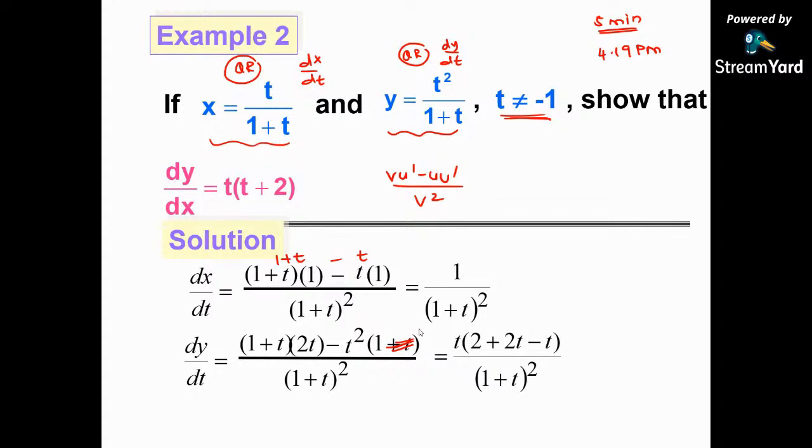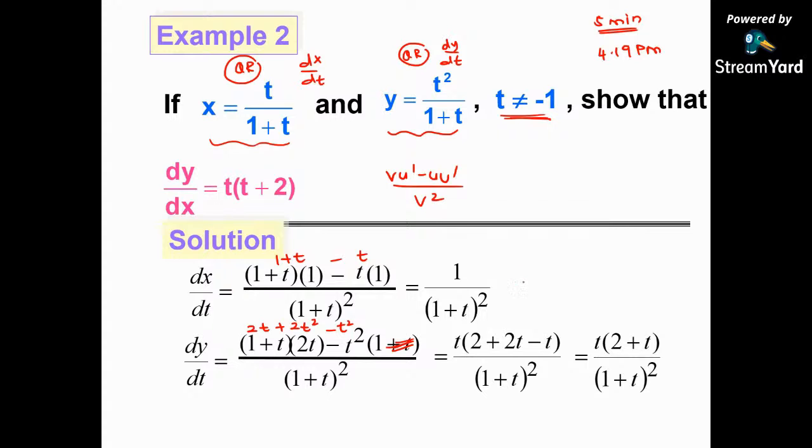So what we have is 2t plus 2t squared minus t squared. So what you have is t times 2 plus t over 1 plus t squared.